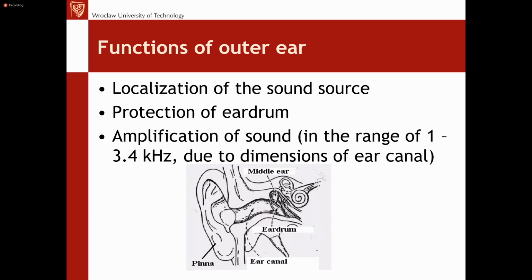For example, in the elephant, the resonance of the outer ear external canal is about 100 hertz, because in the case of the elephant, this ear canal is bigger in comparison to the human.